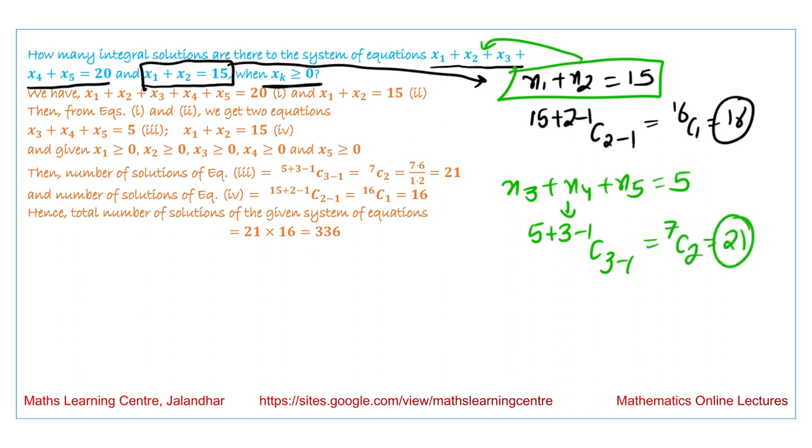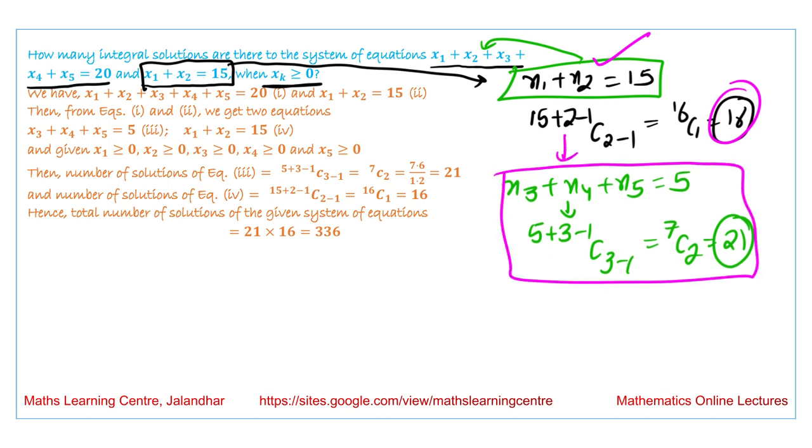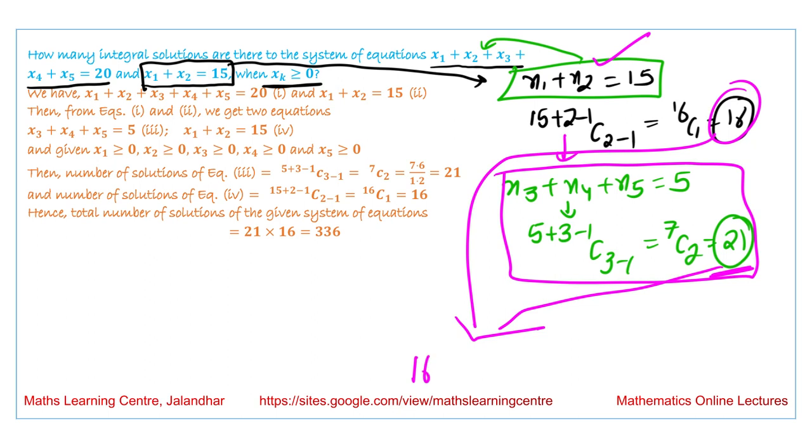So x1 and x2 can have 16 values, then x3, x4, x5 can have 21 values. By the fundamental principle of multiplication, the total number of solutions is 16 into 21, which is equal to 336 solutions.